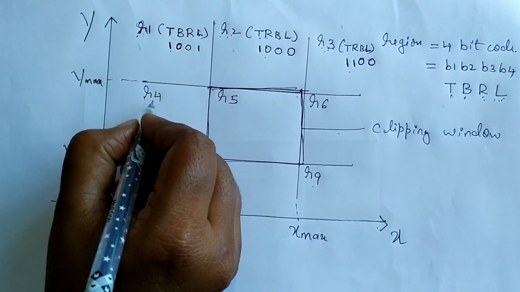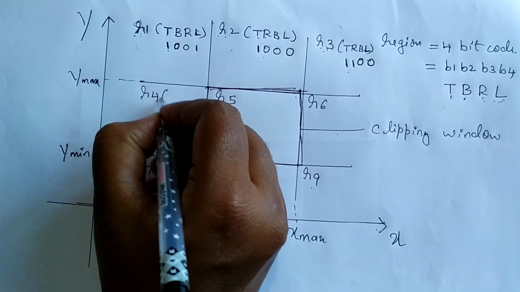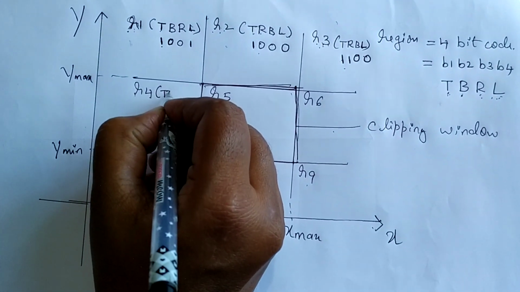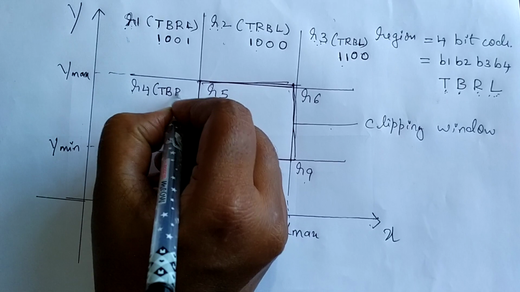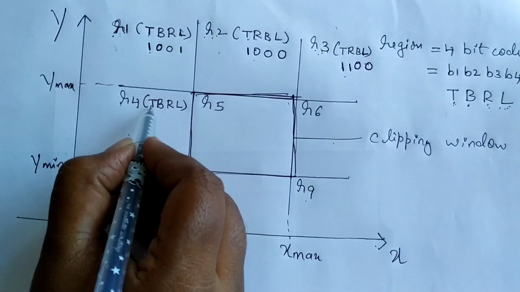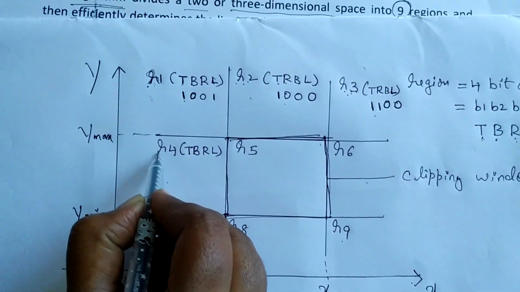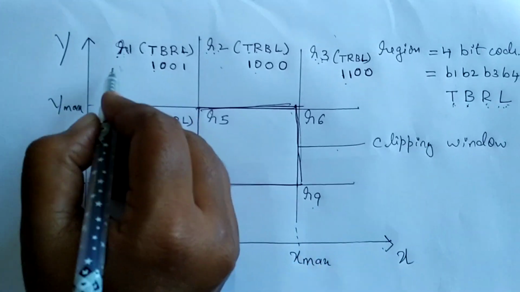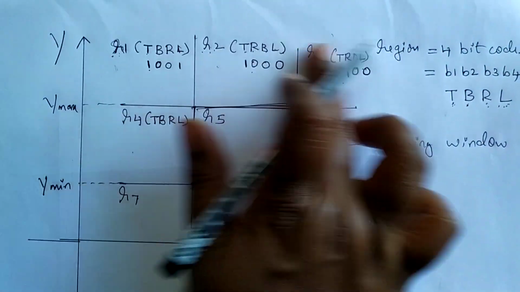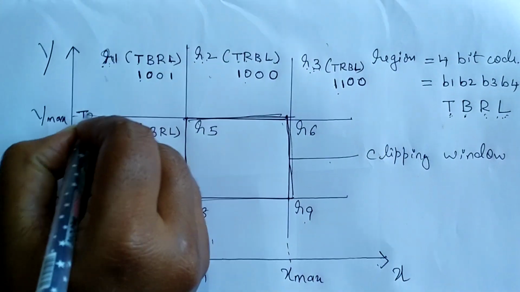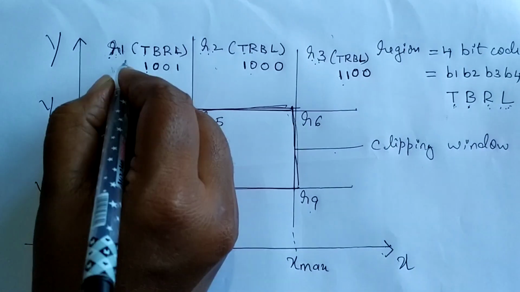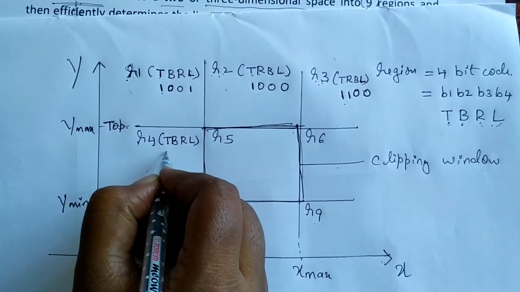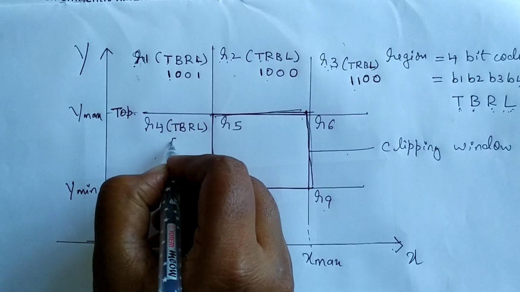Similarly, we'll assign the 4-bit code to region 4, based on the pattern top, bottom, right, left. Is region 4 located on the top of the window? The top is this, but R4 is not in the top, it's in the middle, so the bit for T will be 0.